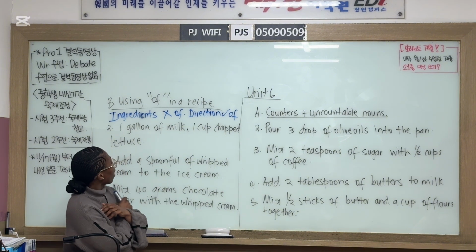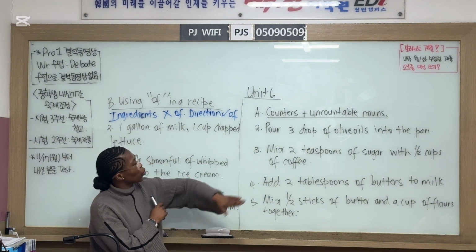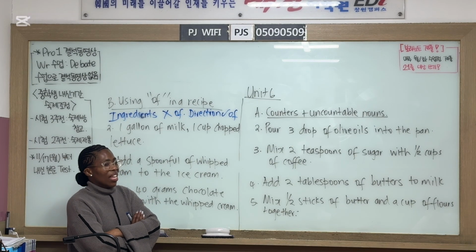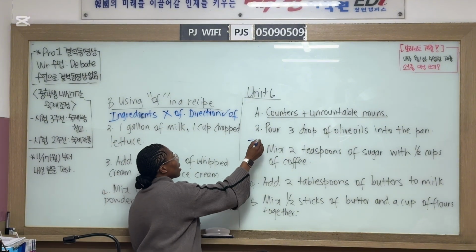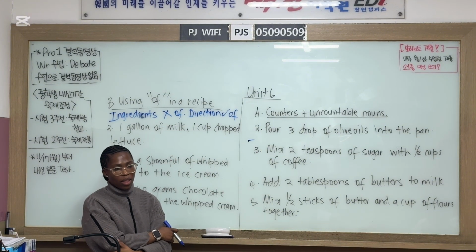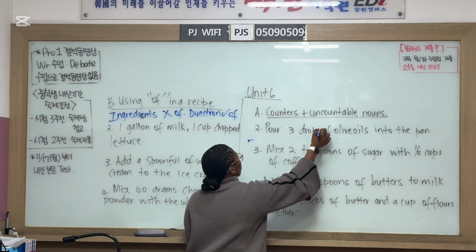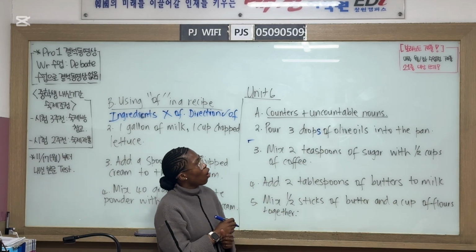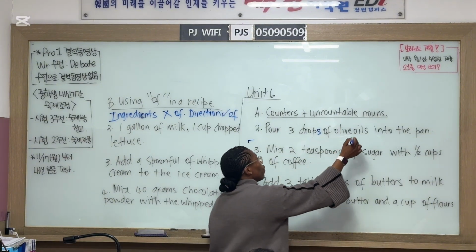Let's look at A. Number 2. Pour 3 drops of olive oils into the pan. Can you guys tell me the mistake in this sentence? So it's drops of olive oil.